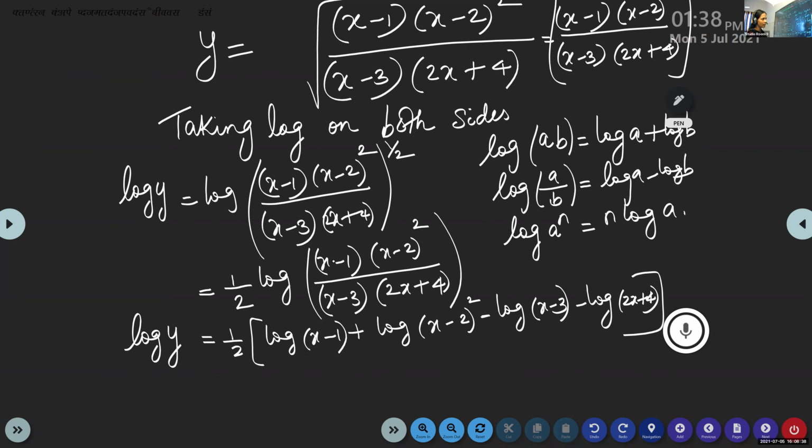For the denominator, we are writing minus: minus log of (x minus 3) minus log of (2x plus 4). Is it okay, children? Is it okay, Achyut?